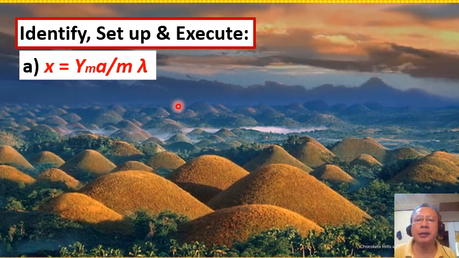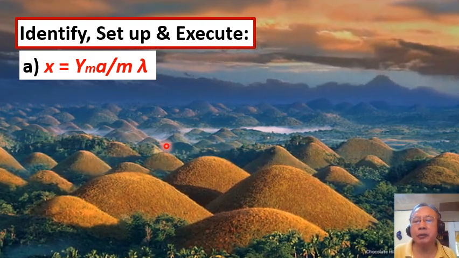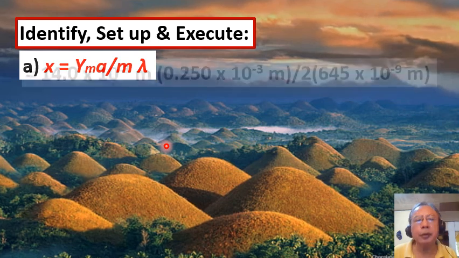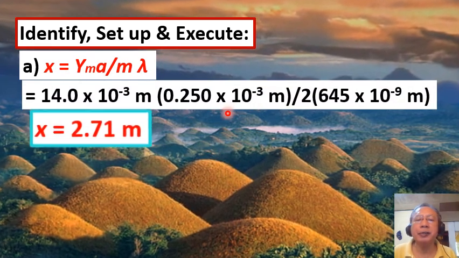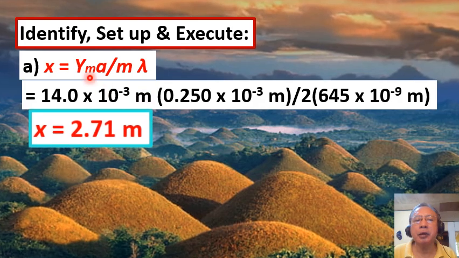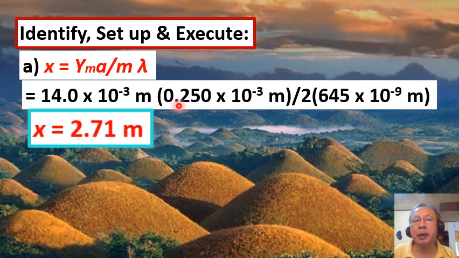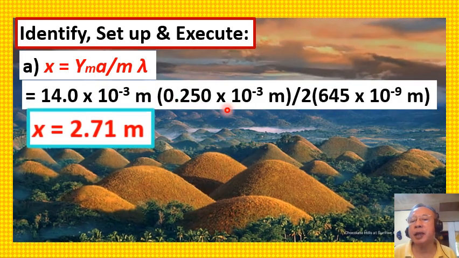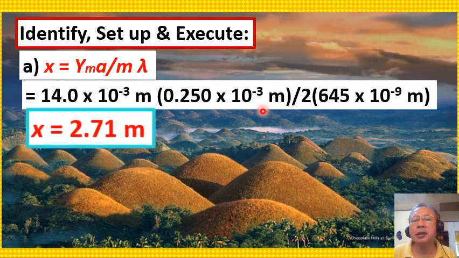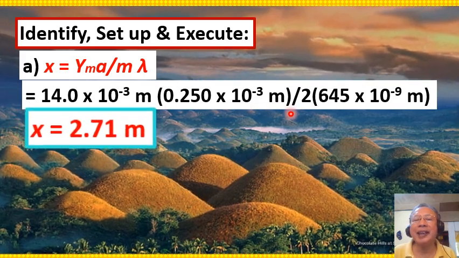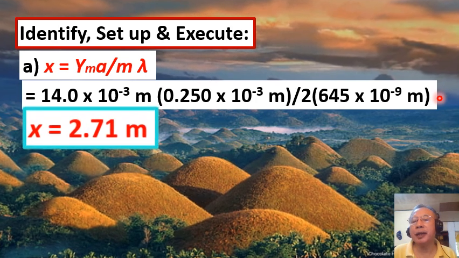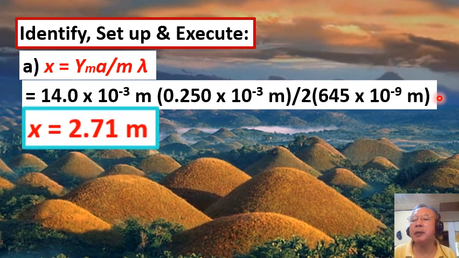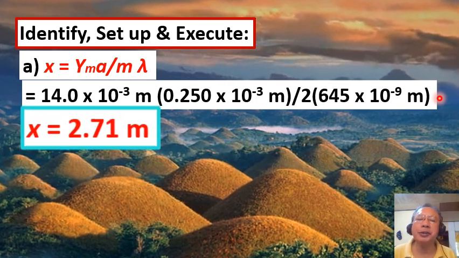So when we plug in the given quantities into this formula, we have 14.0 times 10 to the negative 3 meters, that's the value of y sub m, multiplied by 0.250 times 10 to the negative 3 meters, that's the value of a, divided by twice the given wavelength, or 2 times 645 times 10 to the negative 9 meters.